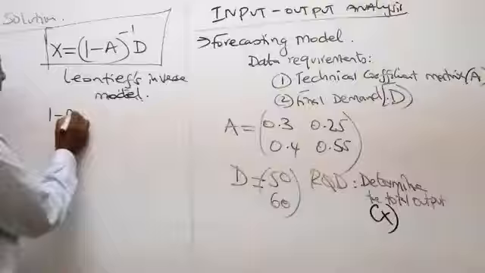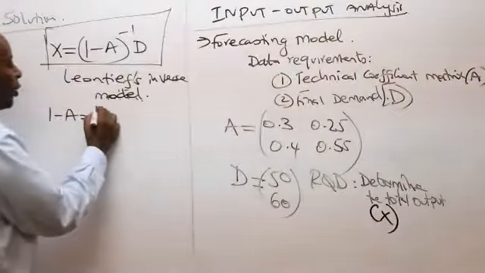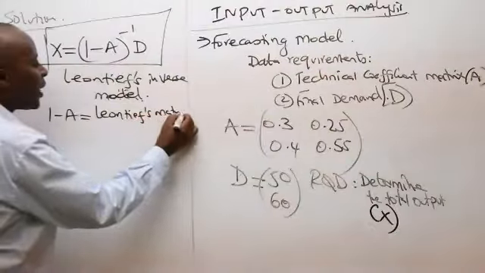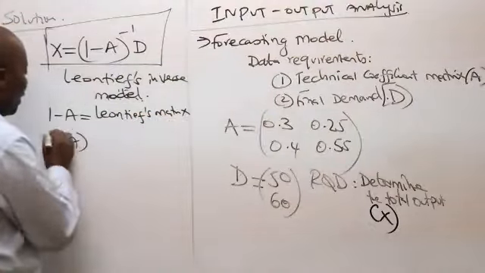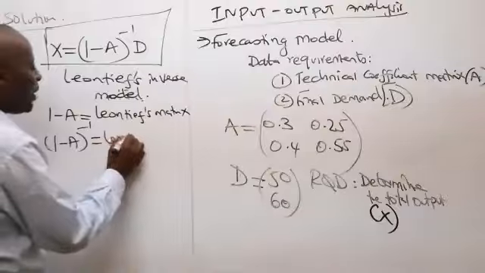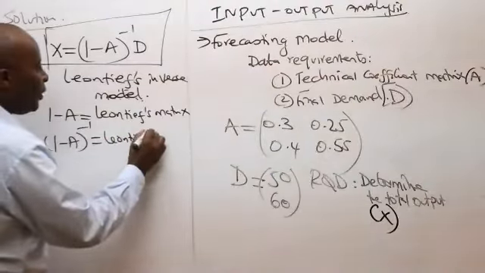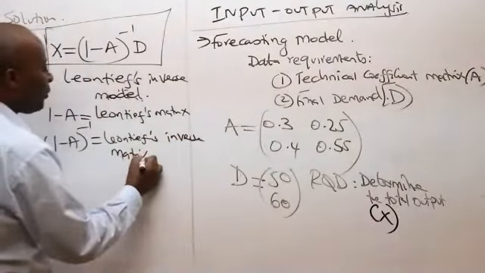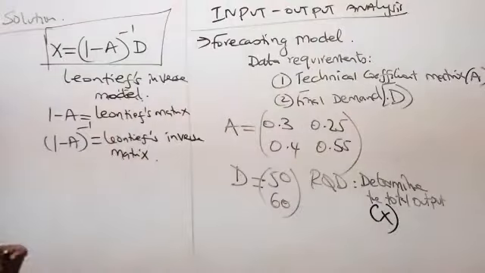It is this I minus A that we call the Leontief's matrix. And then we have I minus A inverse, which will be the Leontief's inverse matrix.